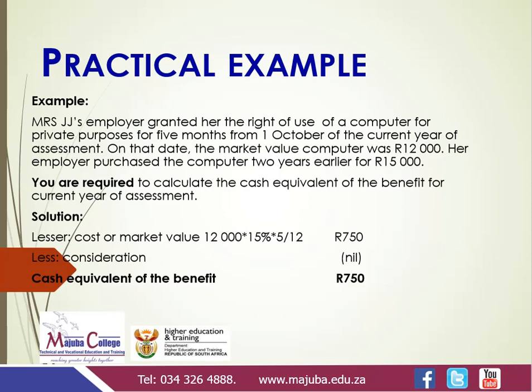Okay, the solution is very, very simple. As I have said earlier, take the lesser between the cost price and the market value. The cost price is 15,000. The computer was purchased 2 years ago for 15,000.